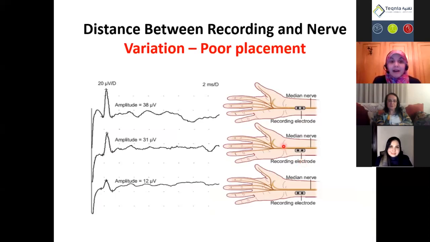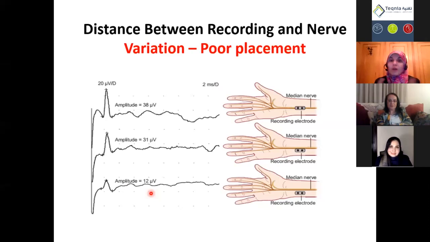Even 1 centimeter off the ideal place matters. So before you document any low amplitude response, please try to move your pickup 1 centimeter in every direction.